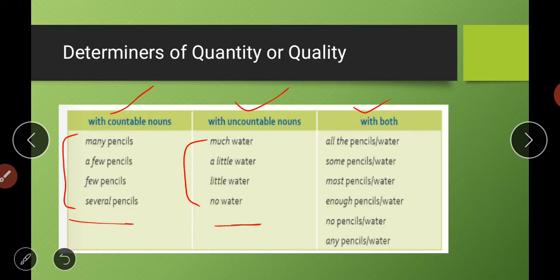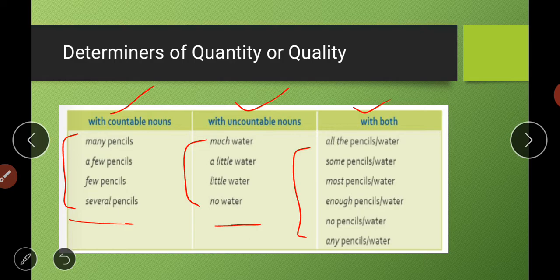Then there are some words that can be used with both countable and uncountable nouns. Like all the pencils, some pencils, most, enough, no, any. So all the pencils or all the water, some pencils, some water. Give me some water.